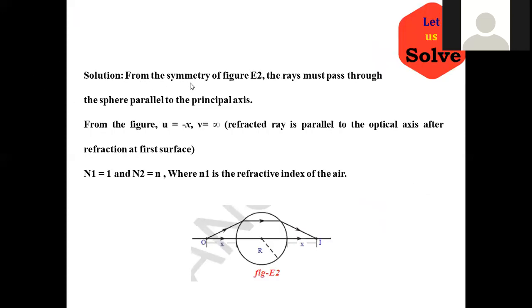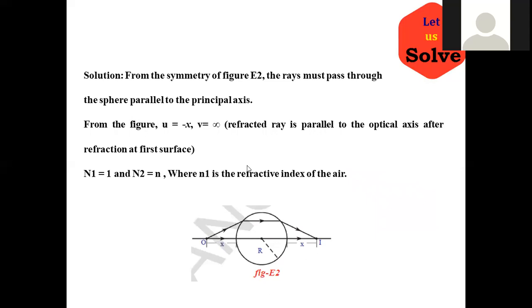Let us go with it. From the symmetry of the figure, the rays must pass through the sphere parallel to the principal axis. Here, with respect to the principal axis, we are generating rays which are parallel to this principal axis, originating from the object, right? These parallel rays converge at a point, and only then is image formation possible, right?